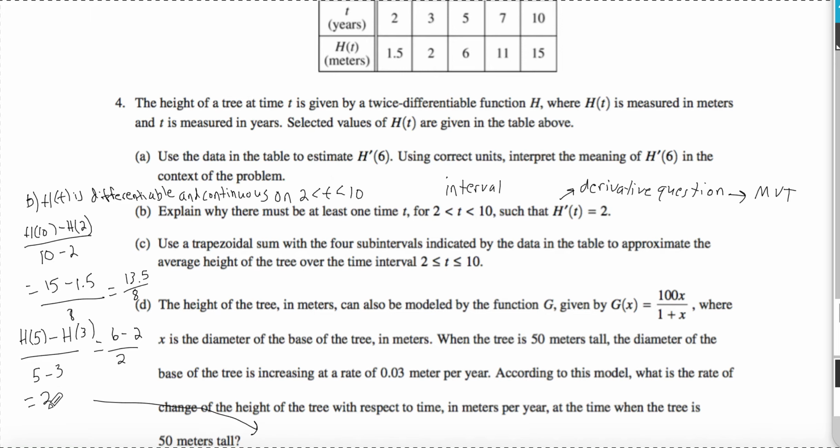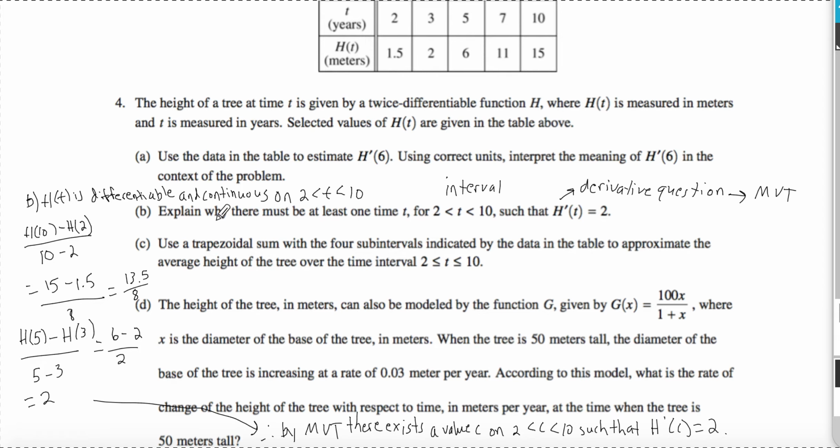We found an interval where the average rate of change is 2, so we can conclude, therefore, by the MVT, there exists a value, I'll give it a name, a value C on 2 is less than C is less than 10, such that h prime of C equals 2.